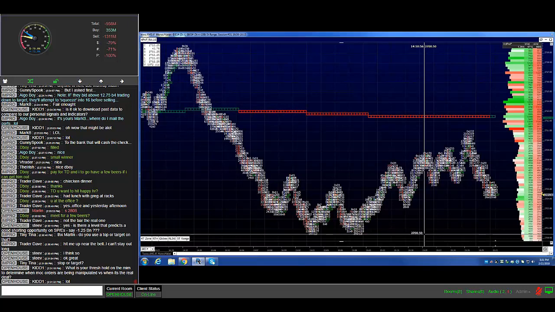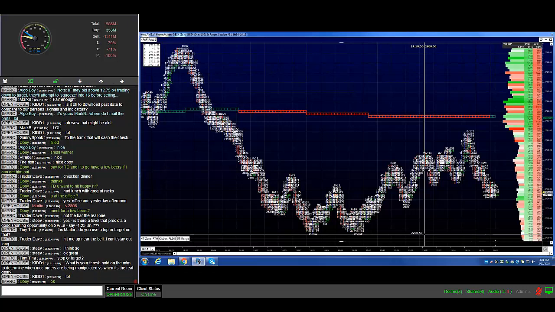Let's see how we end up on the day. Right now, Nasdaq is green, it looks like, and the S&P is green.